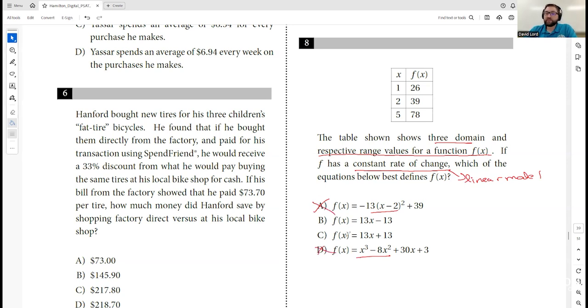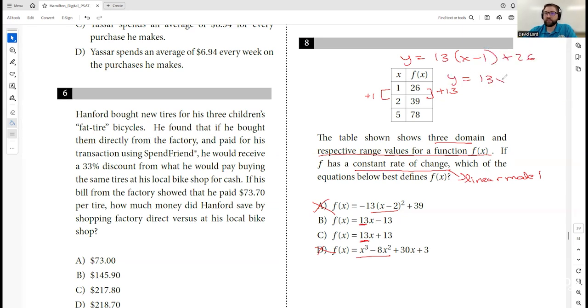So the next thing you have to do is consider if it's 13x minus 13 or 13x plus 13. In order to find the slope, I like to do how much change in the x versus the change in the y. So I can see it went up 13 over 1, which they both have. And then I can do point slope form. y is equal to 13 times x minus 1 plus 26. And then I will multiply that out.